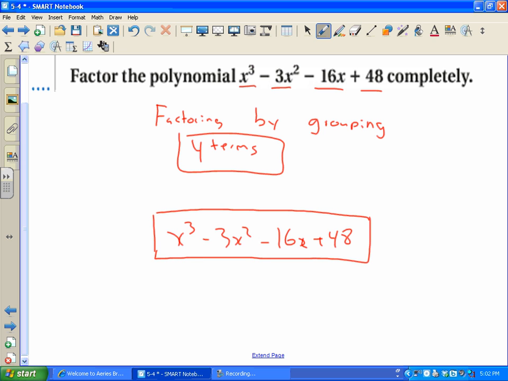So don't be afraid of the box. There's 4 different terms, so we've got it in 4 sections. Now, hopefully you'll agree with me. If I'm looking at x cubed minus 3x squared, negative 16x and 48, there's nothing in common that I can remove in order to factor this. So here's what factoring by grouping does. It says, don't look at the whole expression.